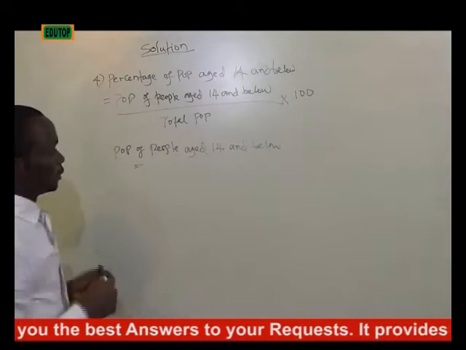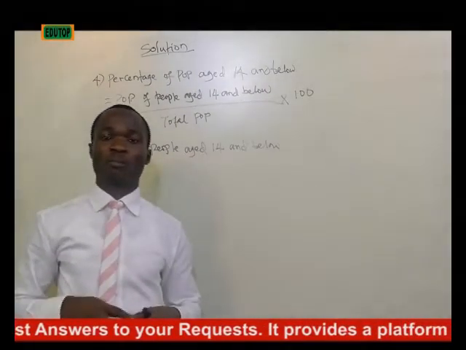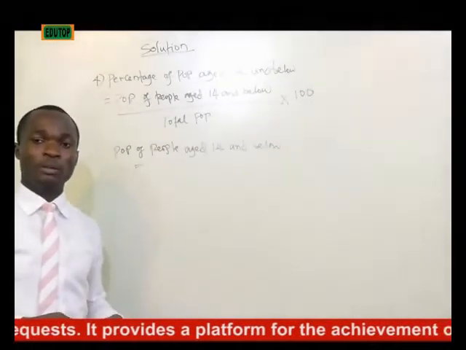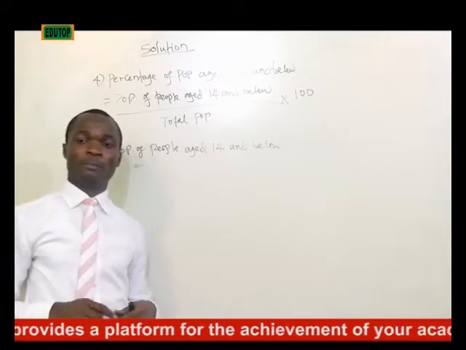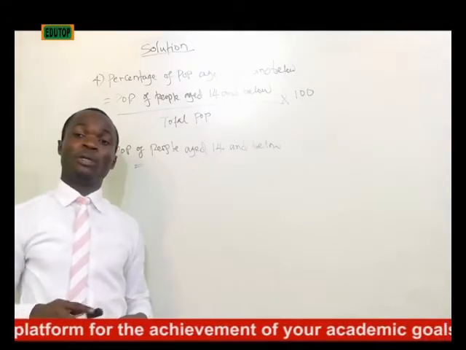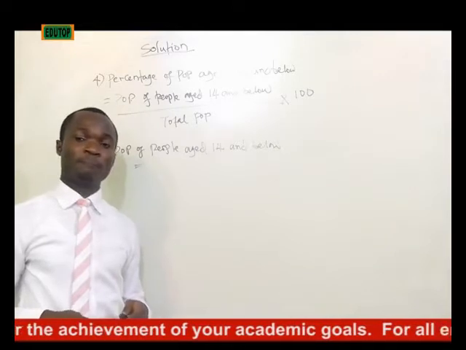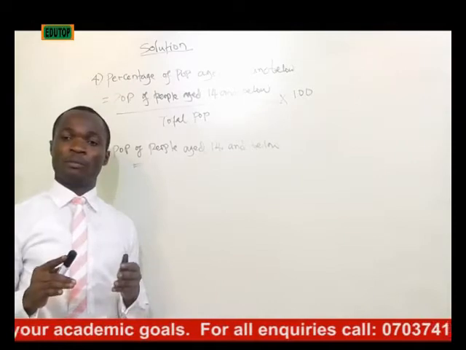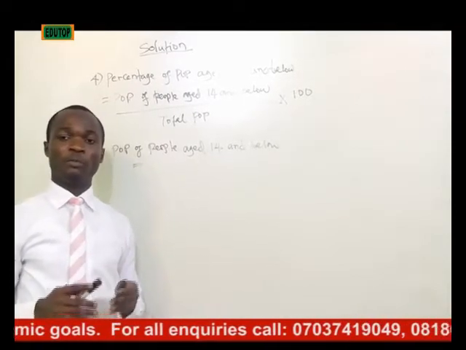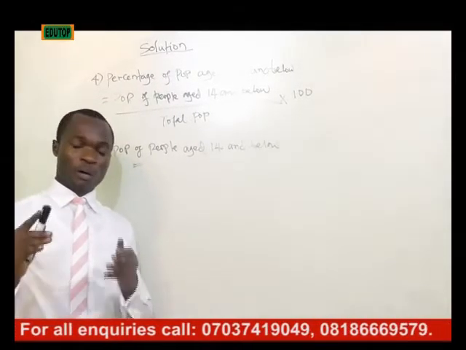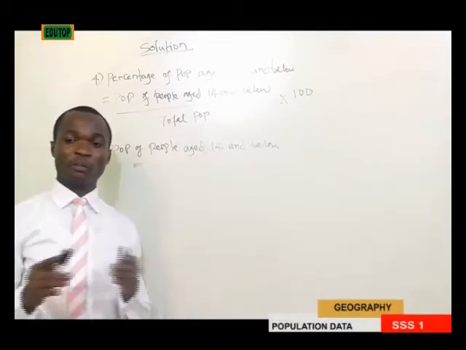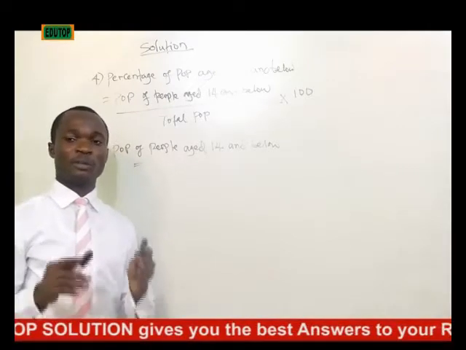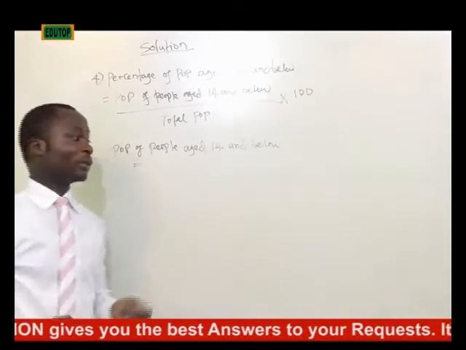It will be the total population of males and females aged 14 and below. And from the table, we have that the total population of males and females aged 14 and below for the age group of 11 to 14 is 5,000, and for the age group of 10 and below is 4,000.